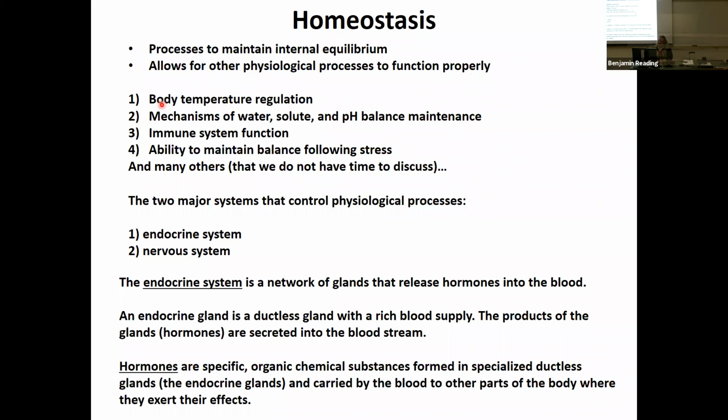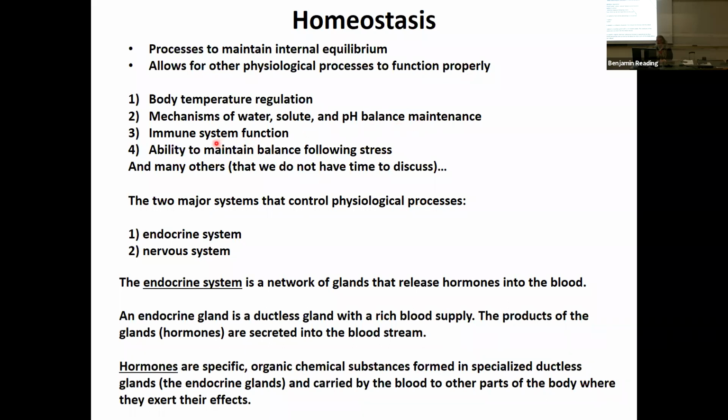This includes things like modulating body temperature or regulating the temperature of the organism. Too hot is not good, too cold is not good. I always think of the Goldilocks, just right. Also, mechanisms of water, solute, and pH balance. You have to maintain the right salt concentration and the right pH for all your enzymes and proteins to work.